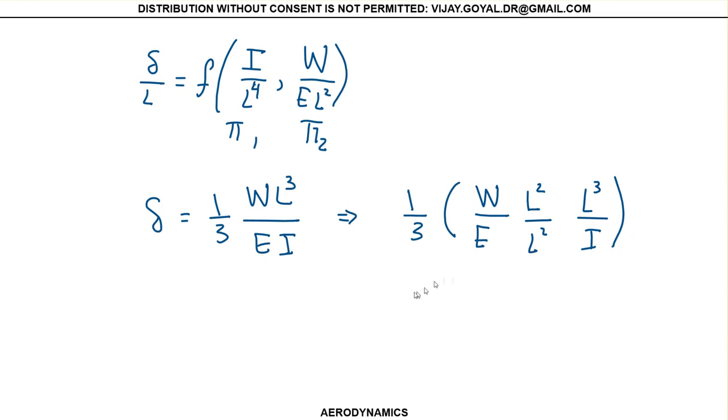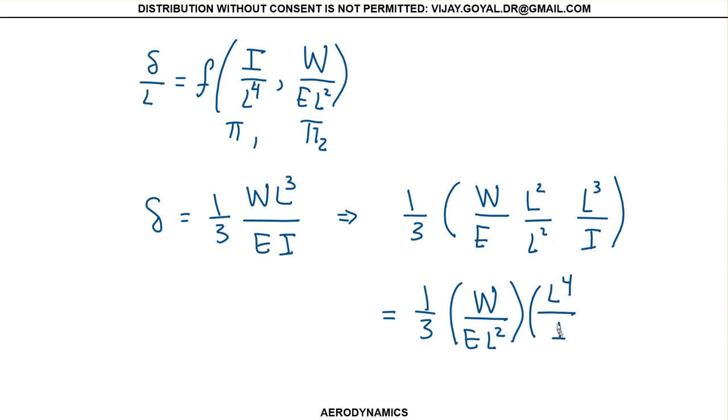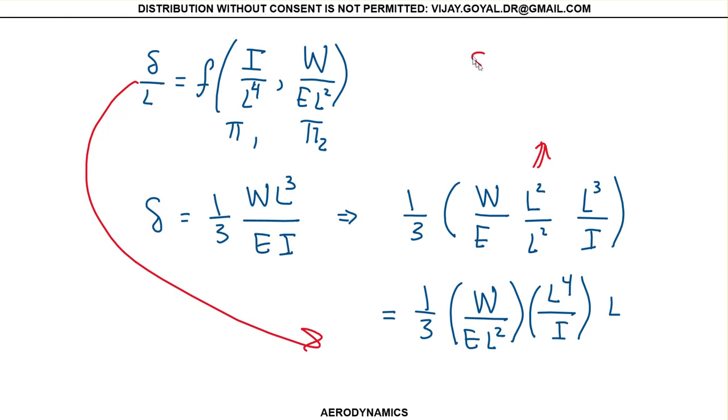So now we can further combine the terms. 1/3 W EL squared times, keep one L there, L to the fourth EI times L. And then from these two, if I compare these two equations, we can show that what you have is delta over L, okay?